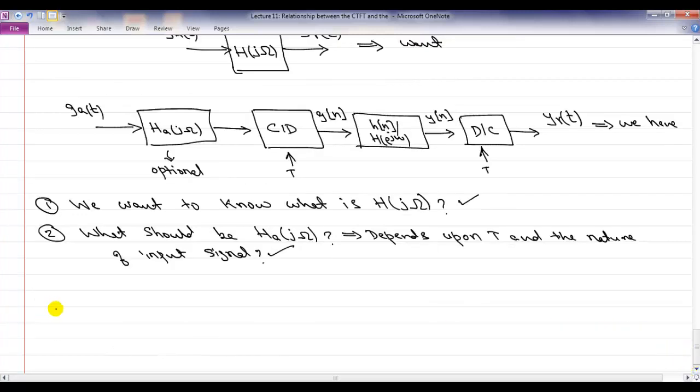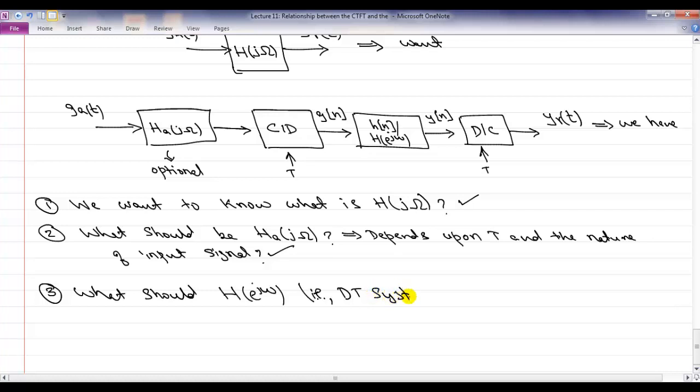So the main issue then is, once you have selected your anti-aliasing filter, once you have selected the time period for sampling, the real question is, what should h of e to the j omega, or effectively the discrete time system, be?